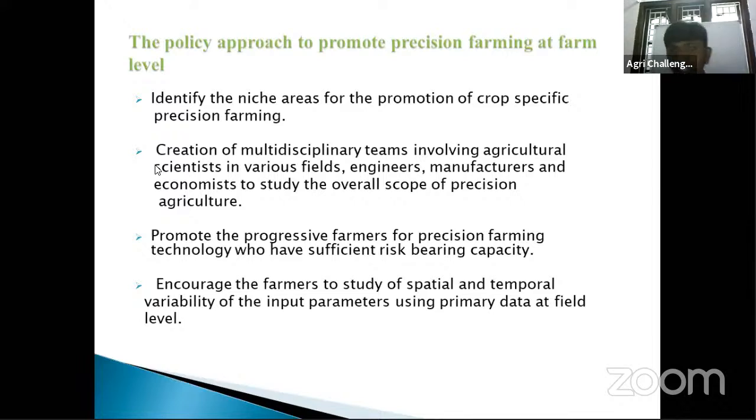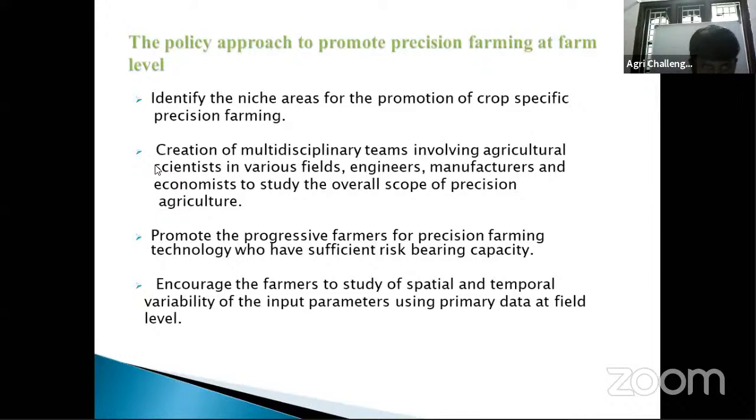Like in Punjab, Haryana, Western UP, there is some possibility. In some southern states, like Tamil Nadu, the adaptability of technology is more, and land holdings are also somewhat better. Then cooperative farming areas also form somewhere. So we have to identify that particular type of area.